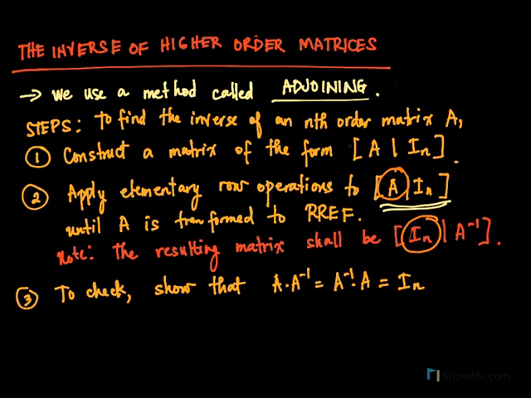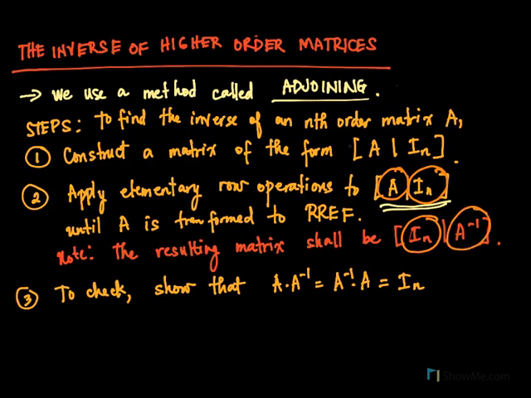Di ba? Ang RREF ng isang square matrix most of the time ay identity matrix. And then yung ating I_n, dahil gumagalaw din siya habang ina-apply natin yung row operations natin kay A, nagbabago yung elements, it becomes your A inverse already.